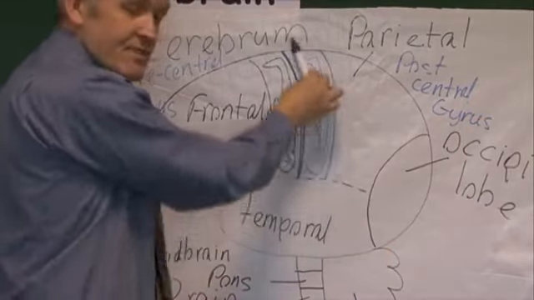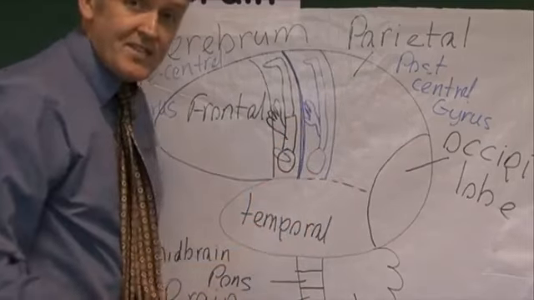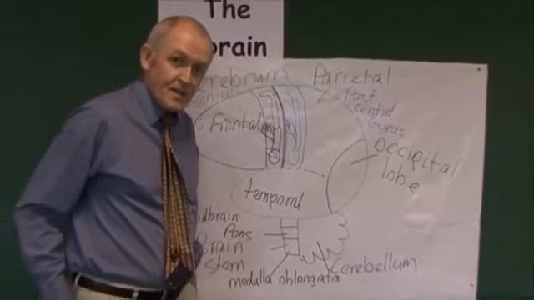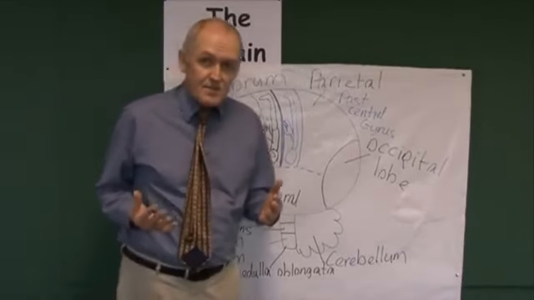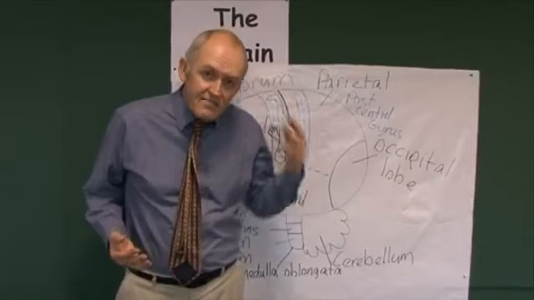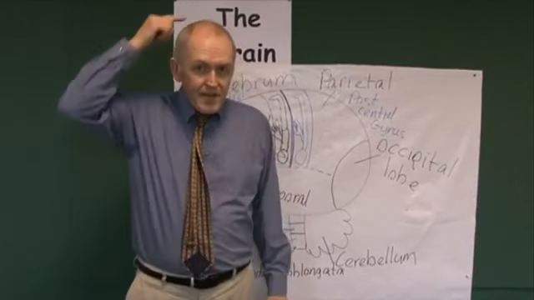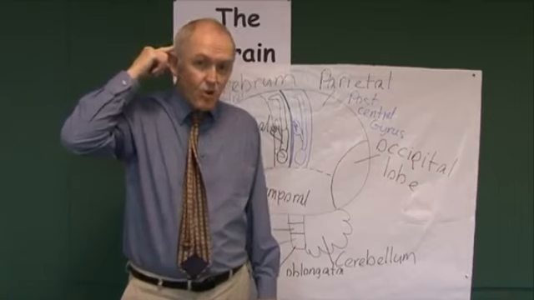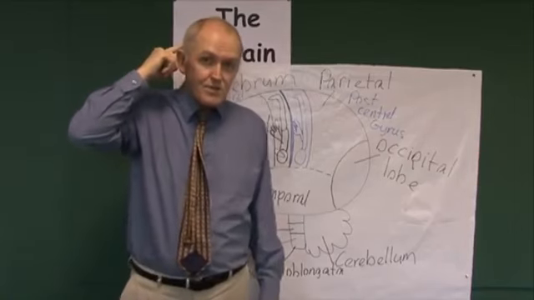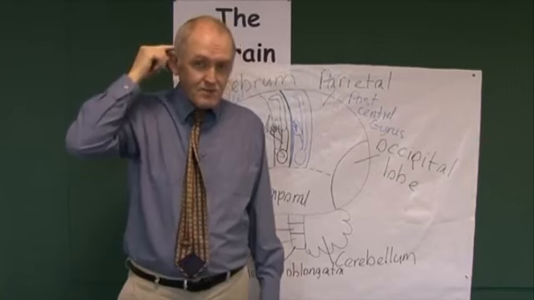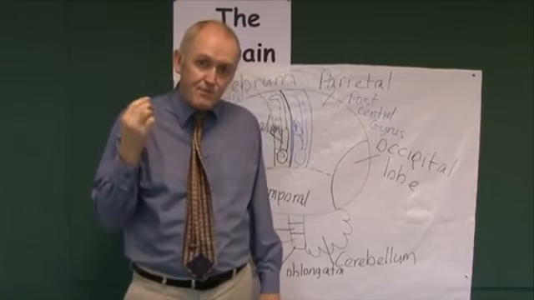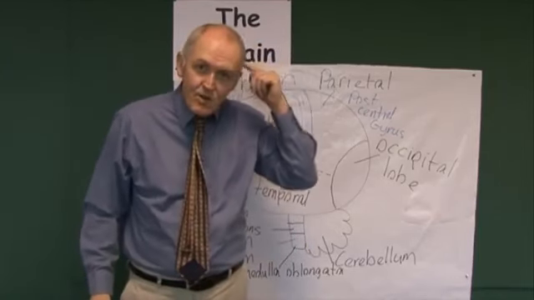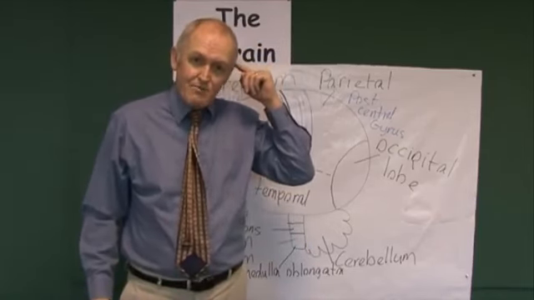And this is the sensory cortex. So all sensation from the body is detected in this part of the brain. And of course the brain is in two hemispheres. So everything I'm feeling with the left-hand side of my body, I'm feeling with my right-hand sensory cortex in the parietal lobe, in my right parietal lobe. Everything I'm feeling with the right-hand side of my body, I'm feeling that in my sensory cortex in my left parietal lobe.